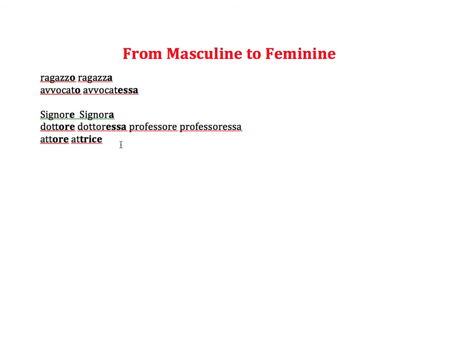But now we have another case. Let's take a word ending in e, like cantante, singer, and this is the masculine. What about the feminine? The feminine is exactly the same. So cantante works for the masculine and cantante works for the feminine as well.